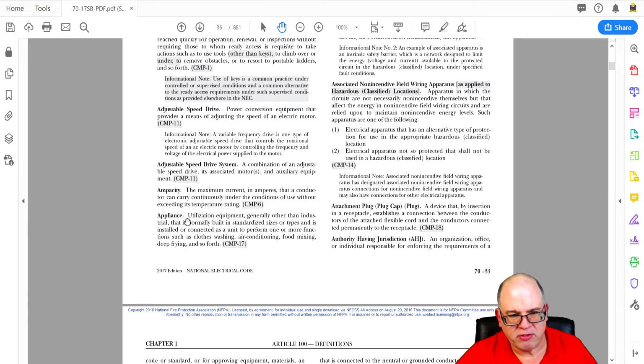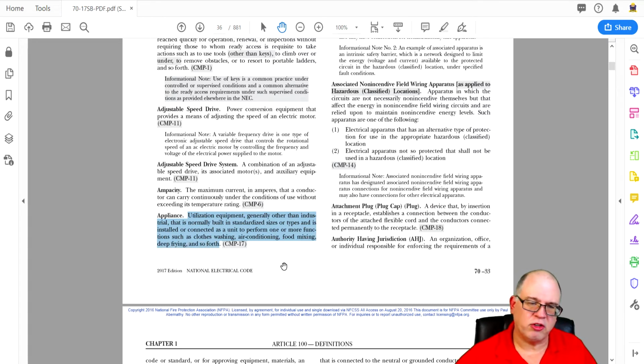What is an appliance? It is utilization equipment, generally other than industrial. Okay, we're a single family dwelling, so it's not industrial. It says that it is normally built in standard sizes or types and is installed and connected as a unit to perform one or more functions, such as a clothes dryer, air conditioning, food mixer, deep fryer, and so forth.